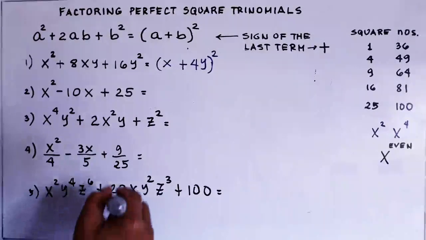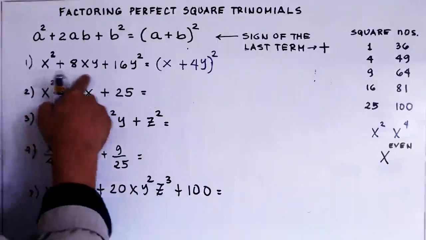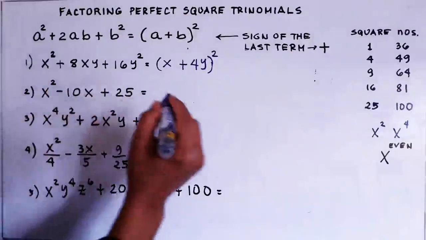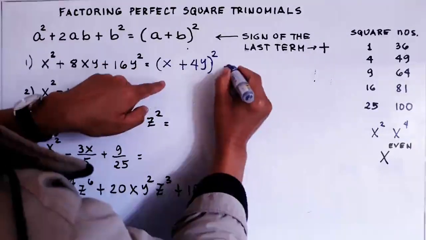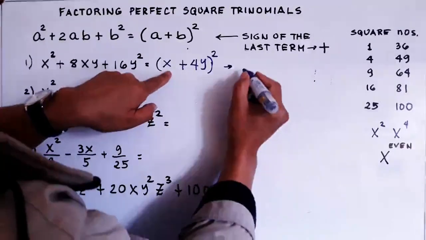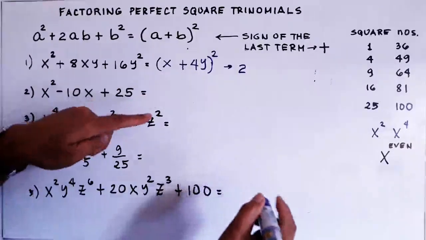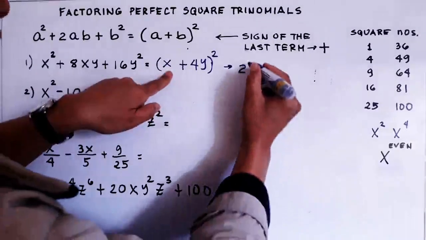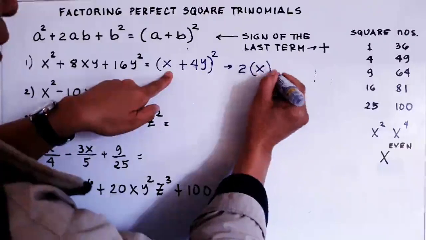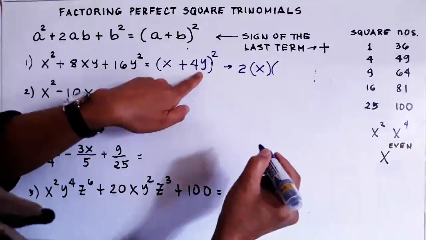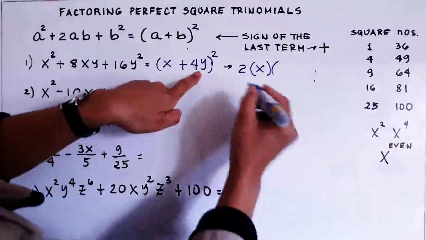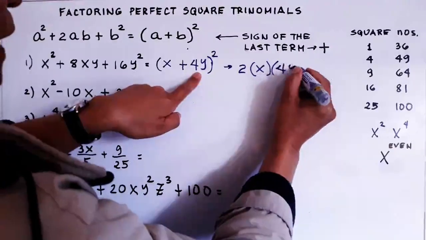Now we are going to check if this is really a perfect square. How? Okay. We always have the 2. 2 times the first term times the second term. Don't bother with the sign. 4y.